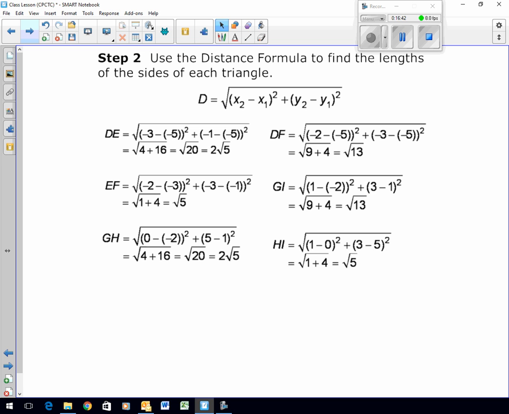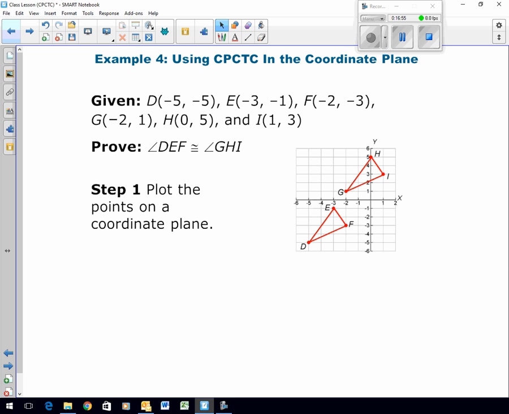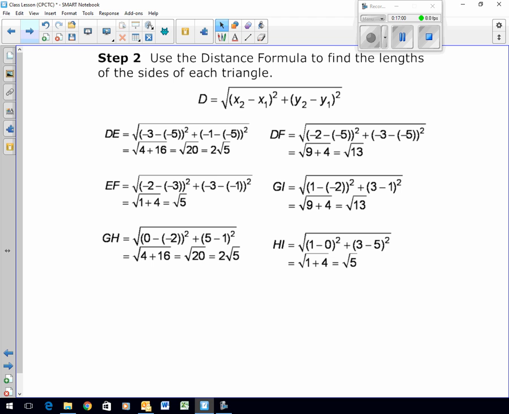So they just use the distance formula to find D to E, D to F, E to F. And then they used it again to find G to I, G to H, H to I. Notice what's happening here.